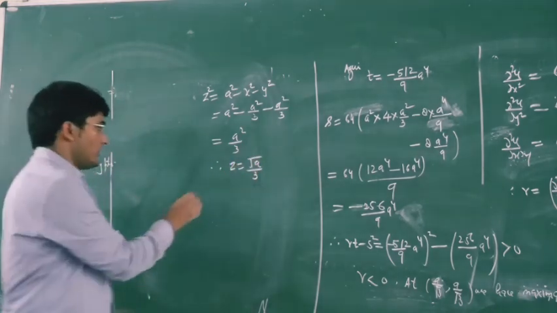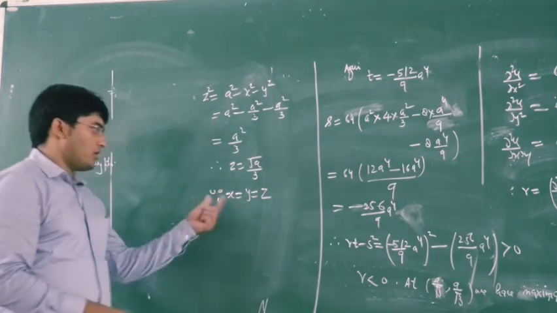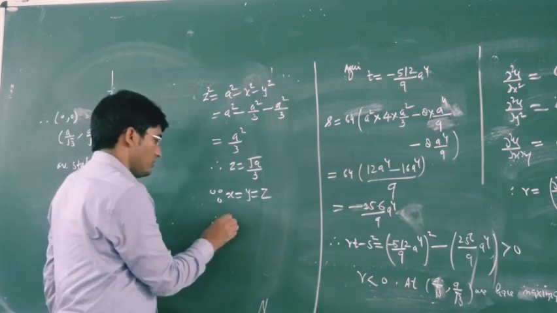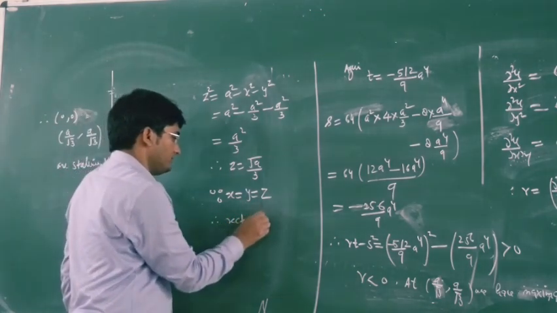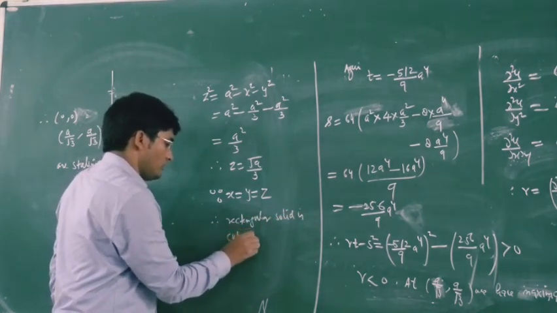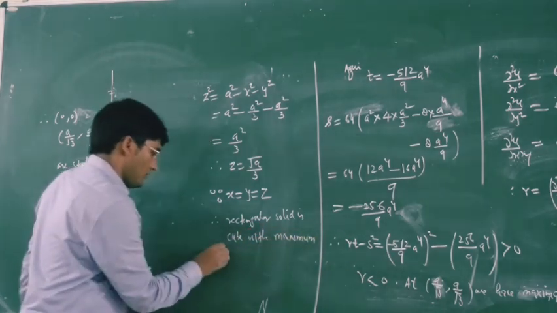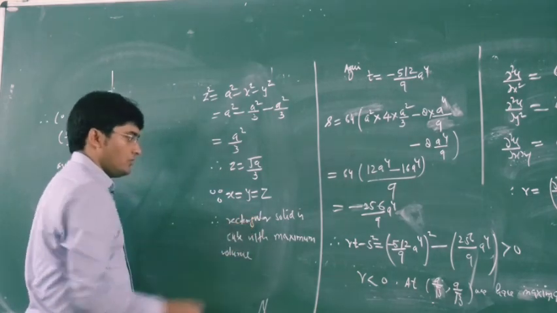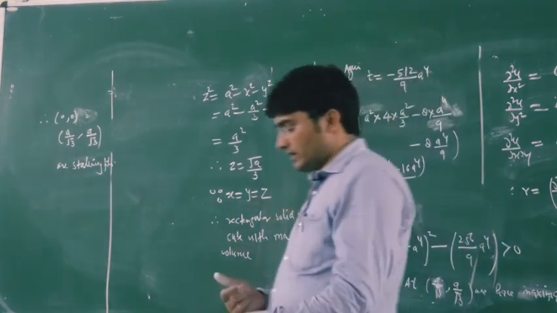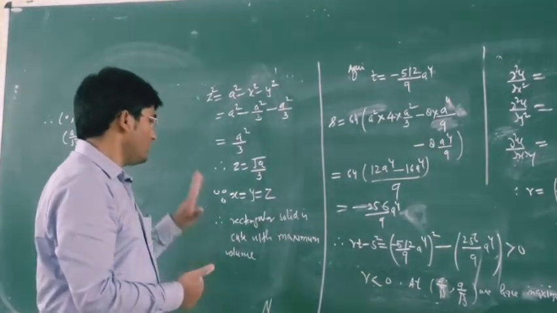So because x, y and z are equal to each other, we can say that the rectangular solid is a cube with maximum volume, which can be inscribed in a sphere. So the rectangular solid of maximum volume that can be inscribed in a sphere is a cube.